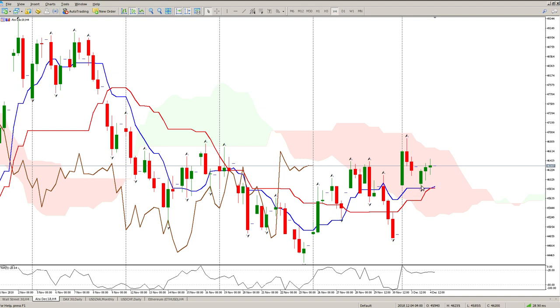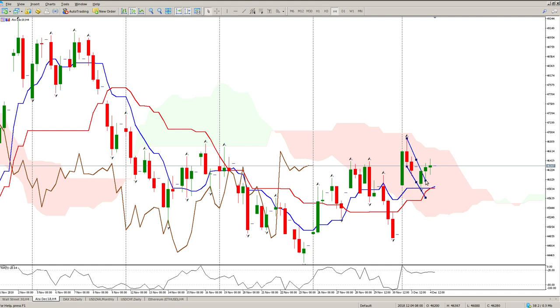So we had a bullish crossover here. Here's a second bullish crossover. We've had a twist in the cloud. We're above. So you'd be forgiven for looking for a long and looking at that there as your wedge breakout.